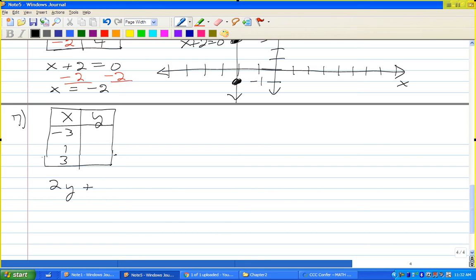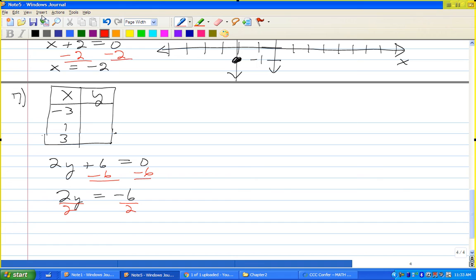The equation is 2y plus 6 equaling 0. Subtract 6 from both sides of your equation. Divide by 2. So in this case, y is always equal to -3. So no matter what x is, y is always -3. Let's sketch the graph of this.